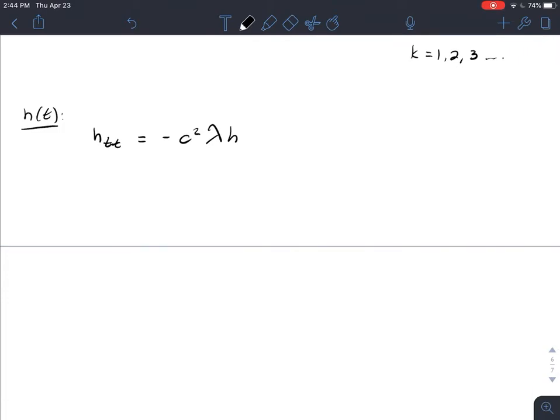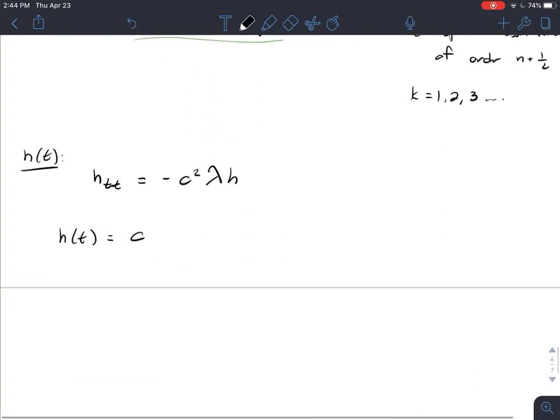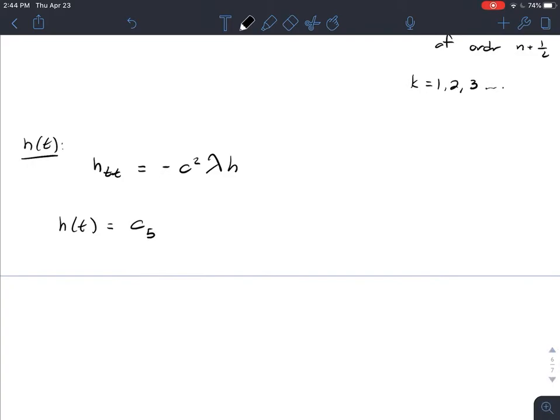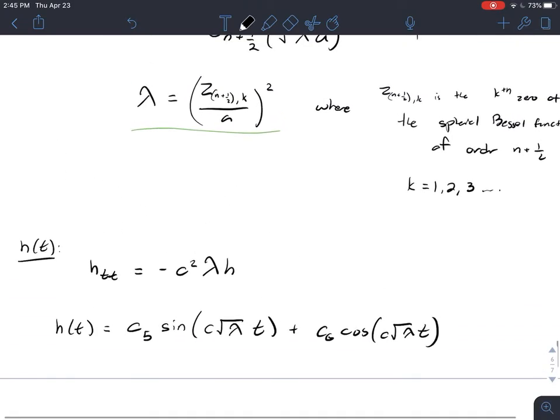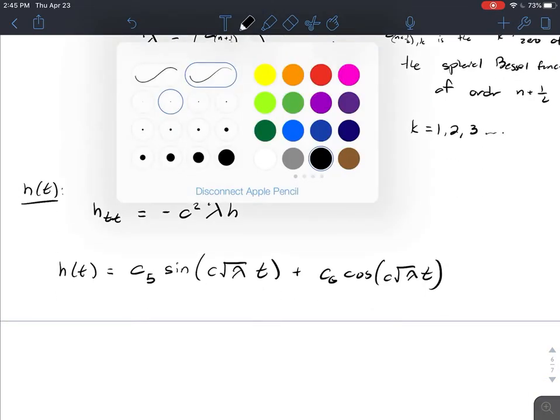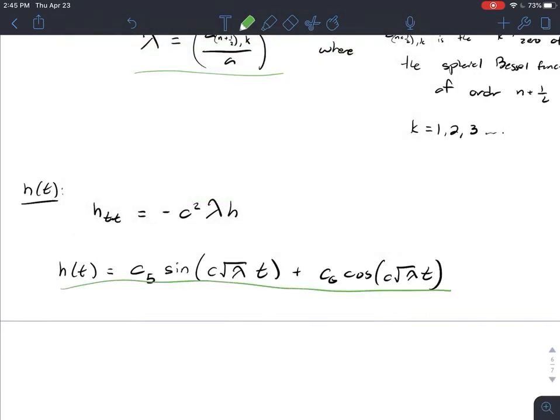Since we want our solutions in time to oscillate, the general solution to this differential equation is just going to be c5 sine of c square root lambda t plus c6 cosine of c square root lambda t. But remember that we know the value of lambda, so we can essentially plug it in here, but that would be kind of ugly, so let's not do that just yet. But this is our general solution in time.